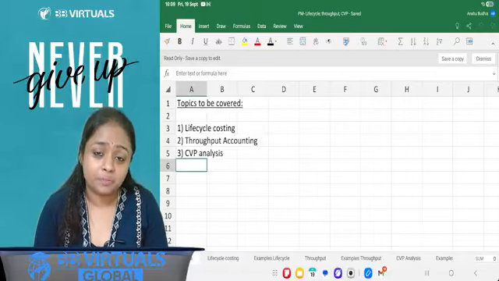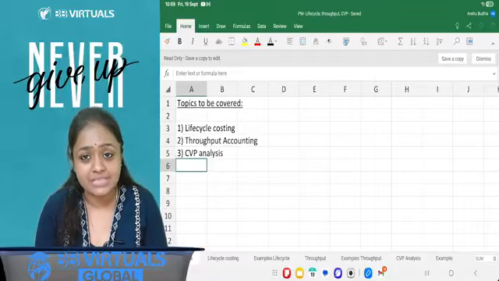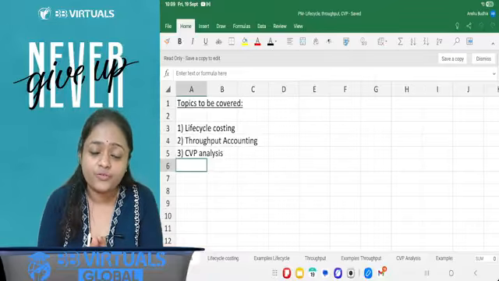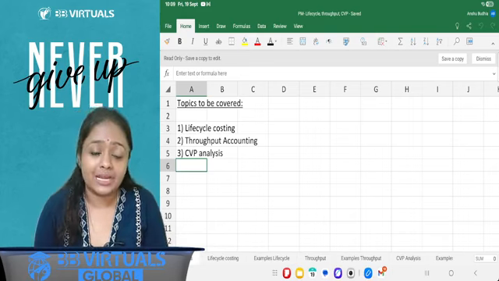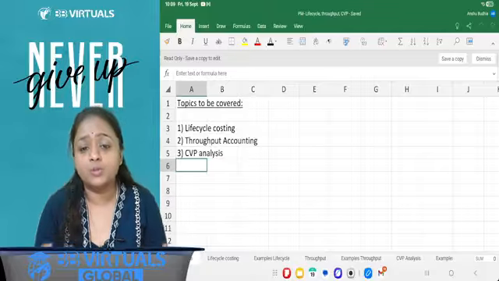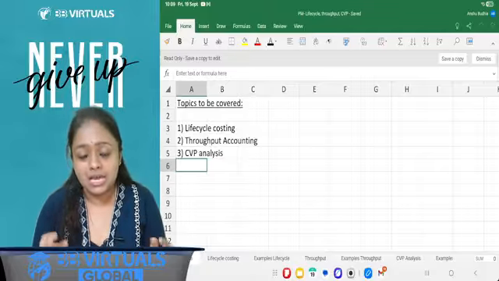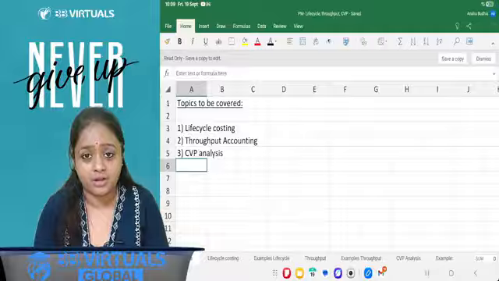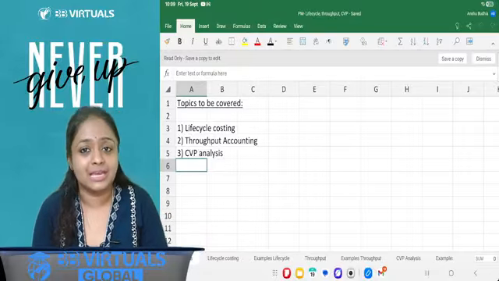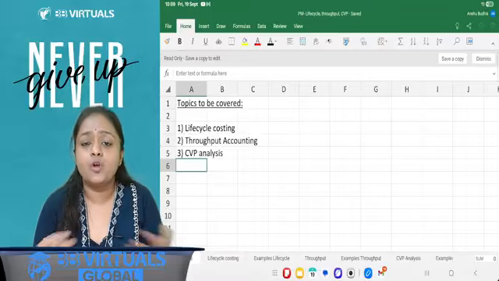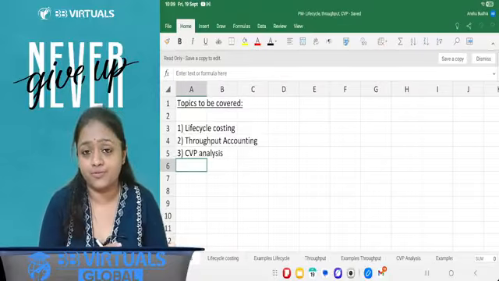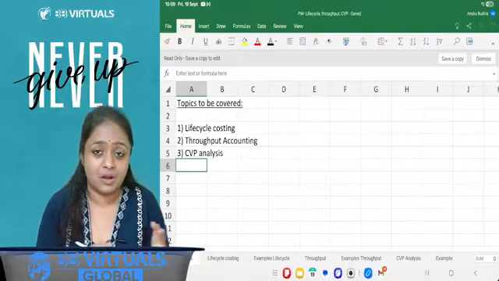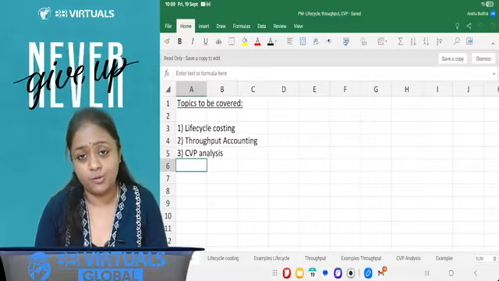Then we also touched upon standard costing, the types of standards, and for all of them we did a lot of questions. We also took an understanding of how to prepare a direct cost sheet, basically a cost sheet for a product, including the direct cost and the indirect cost, and how to proceed with it, how to distribute the cost among fixed cost, semi-variable cost, variable cost, and so on.